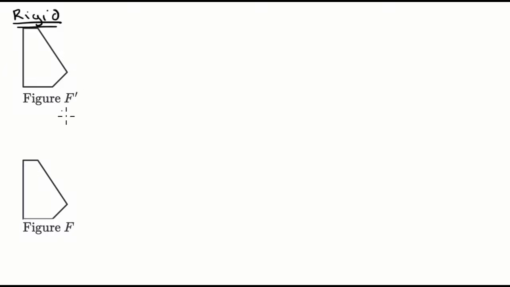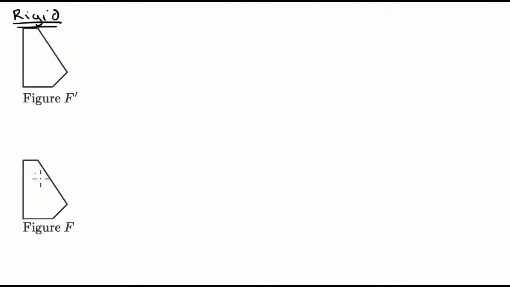So here I have figure f prime and figure f. And what we're going to do is look at a bunch of examples of pairs of figures. And we're going to say, well, what rigid transformation do you need to do to get from the letter without the prime to the letter with the prime? So in this case, how do we go from f to f prime? Well, if we look at these two, they look very similar. In fact, they look identical, and it looks like they're even oriented in the same way.